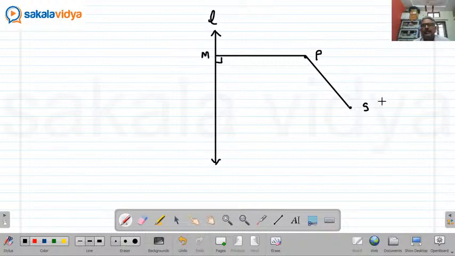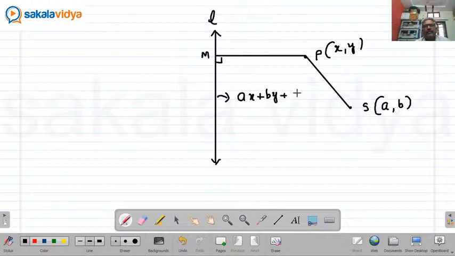Suppose the coordinates of S are A comma B, a fixed point. Say this is X comma Y, the variable point. The equation of the line, let us say, is AX plus BY plus C equals 0.